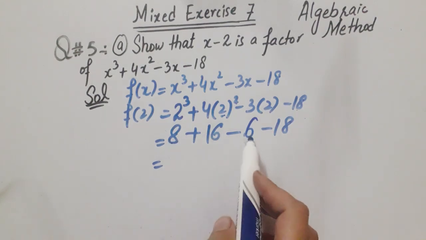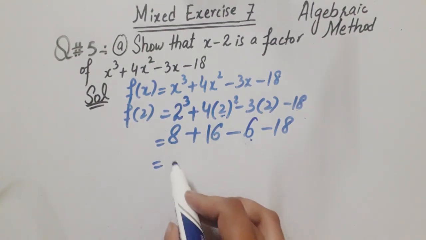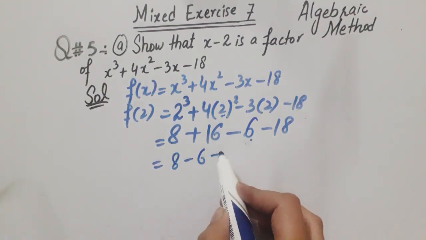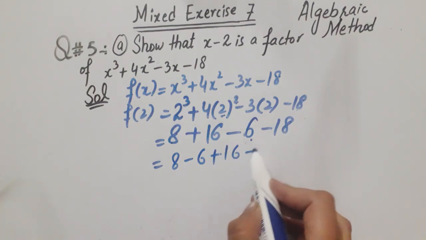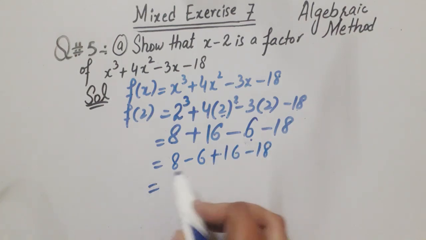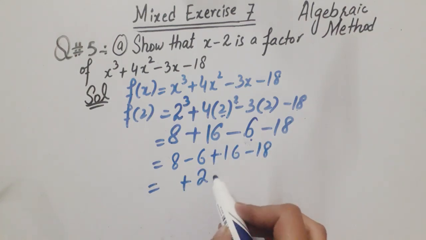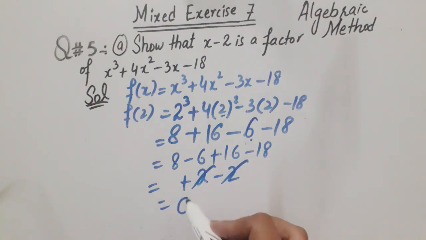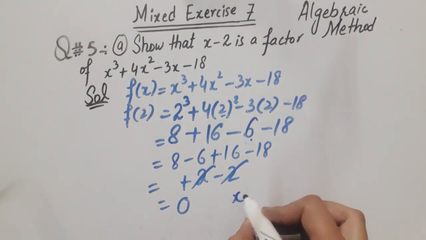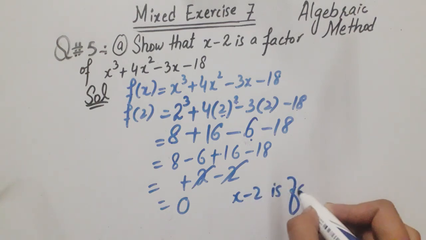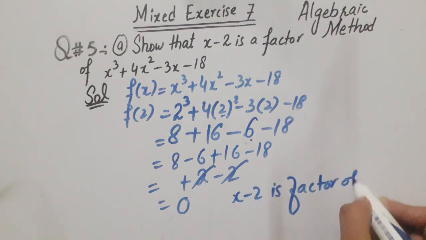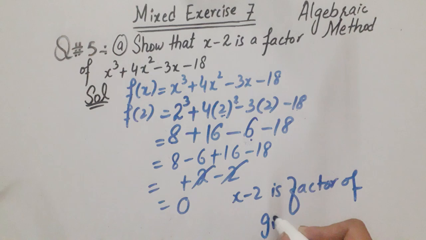So 8 minus 6 is 2 and plus 16 minus 18 is equal to minus 2. So plus 2 and minus 2 cancel out and we will get the answer 0. It means x minus 2 is a factor of the given polynomial.